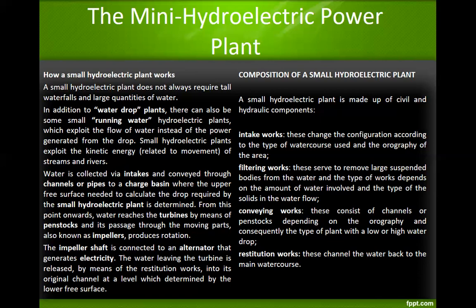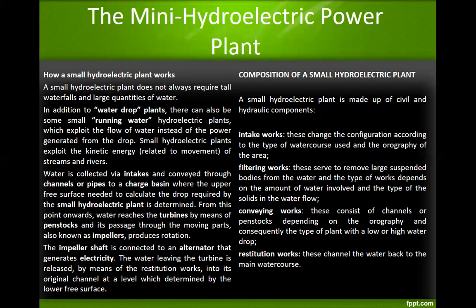What is the composition of a small hydroelectric plant? A small hydroelectric plant is made up of civil and hydraulic components. So, intake works. This changes the configuration according to the type of water course used and the orography of the area. Filtering works.